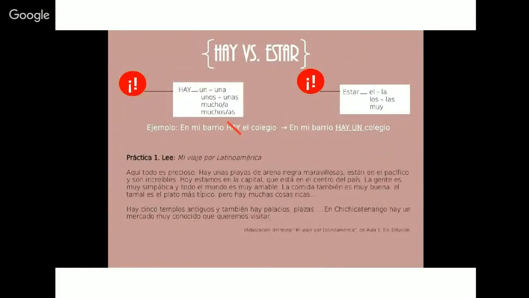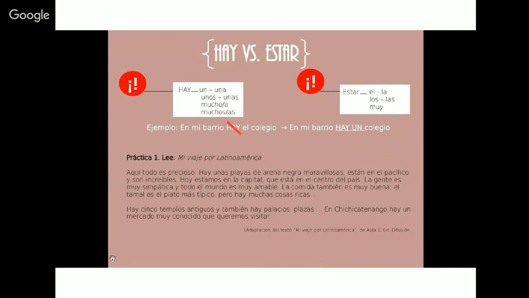Okay. Bueno. Las arenas son negras. Muy bien, las arenas son negras. Maravillosas. Negras, yes, in this case it would be negras because maravillosa corresponds to playa.